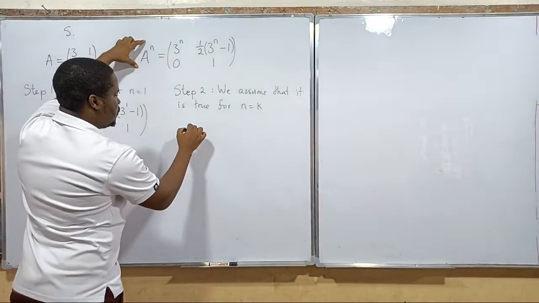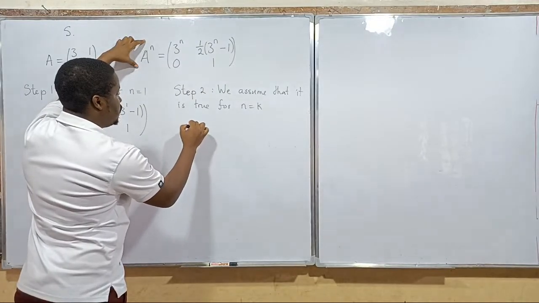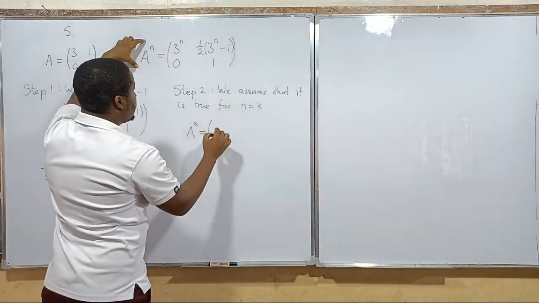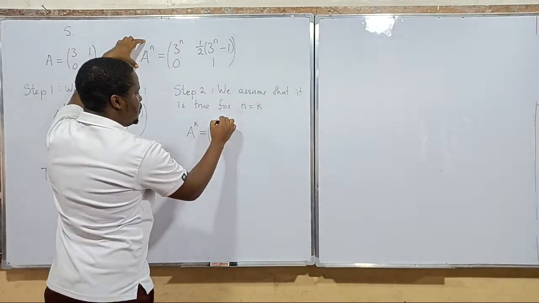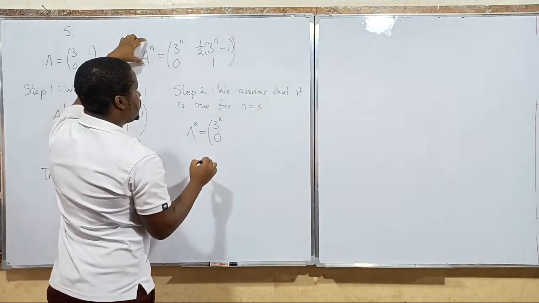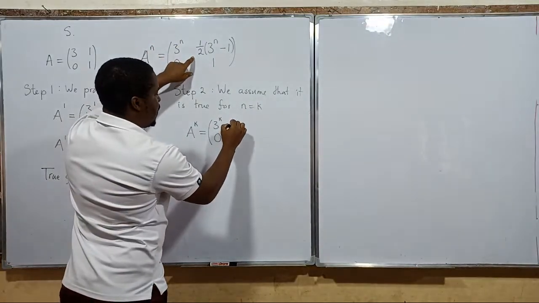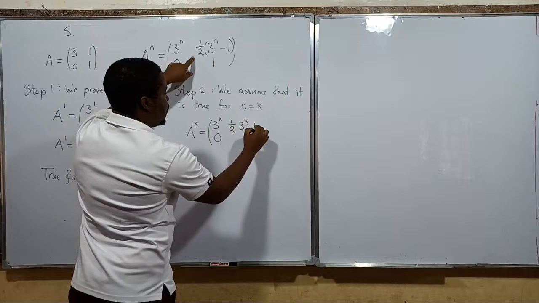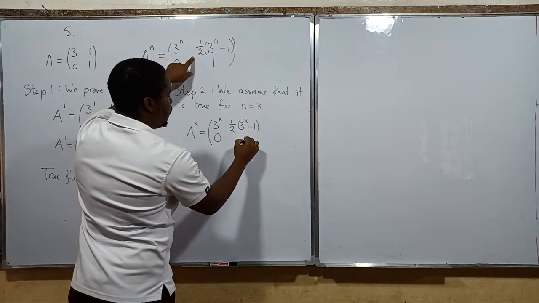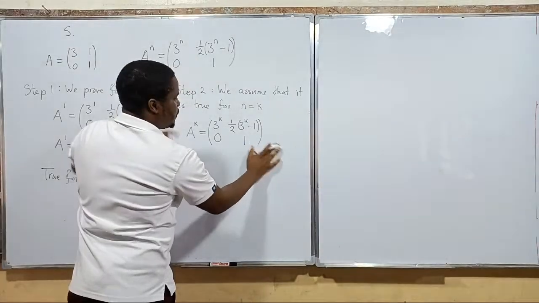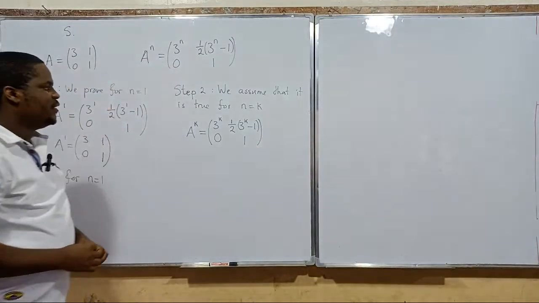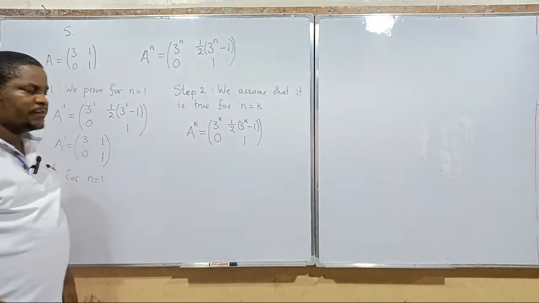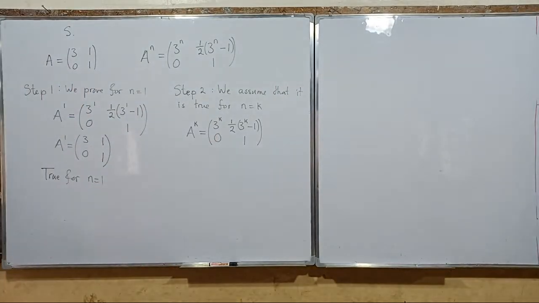From our statement, A to the power k is equal to [3 to the power k, half (3 to the power k minus 1); 0, 1]. It's just an assumption. So this is the assumption, it ends there. Move on to step 3.